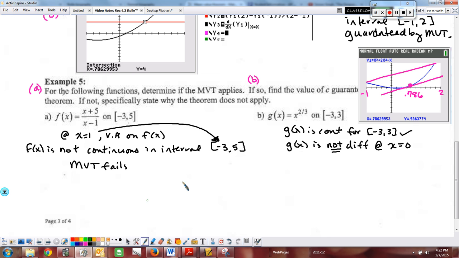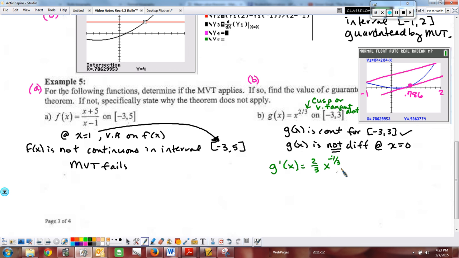Let's remind ourselves that whenever we have these odd roots, that this is a cusp or vertical tangent alert. Okay, and if we were to take the derivative, g prime of x would be 2/3 x to the -1/3. I said something and I wrote the right thing.